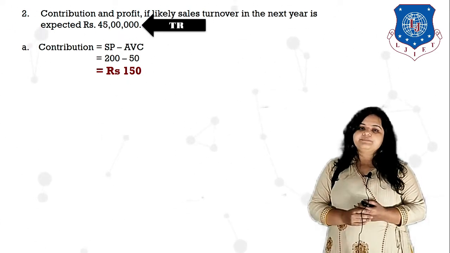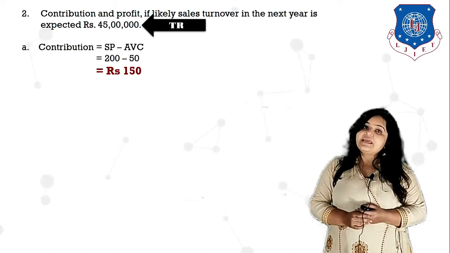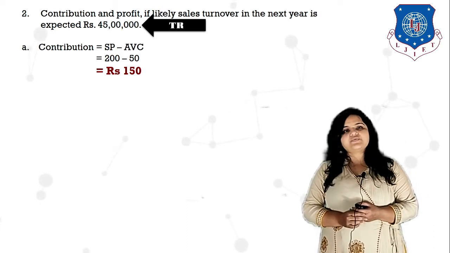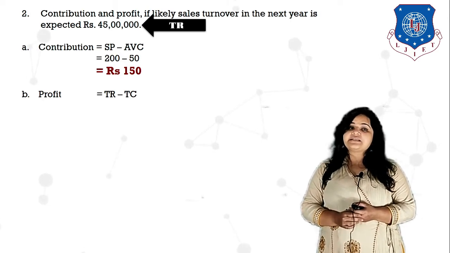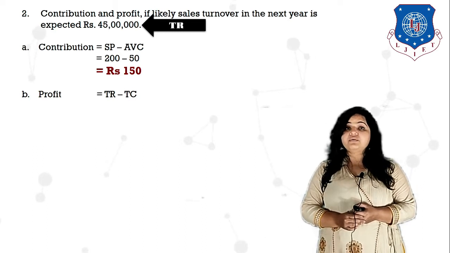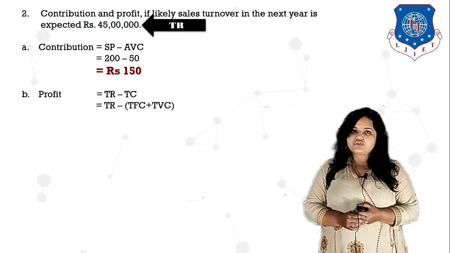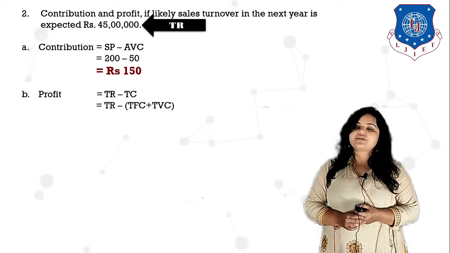What then is the total profit if the likely sales turnover is 45 lakhs? Whatever is given to us is TR. Profit is equal to TR minus TC, but we do not have total cost. But total cost is equal to total fixed cost plus total variable cost.